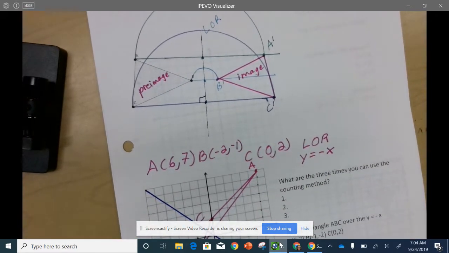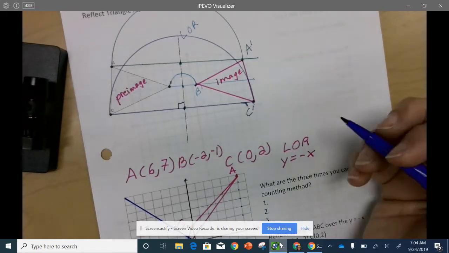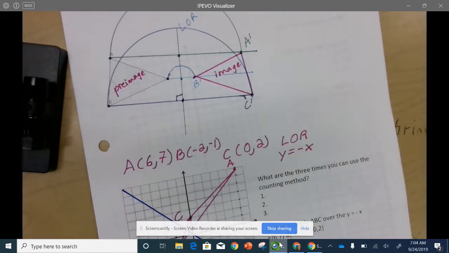So with that, we're going to go ahead and flip it. So remember, we're going to flip it over our line of reflection.